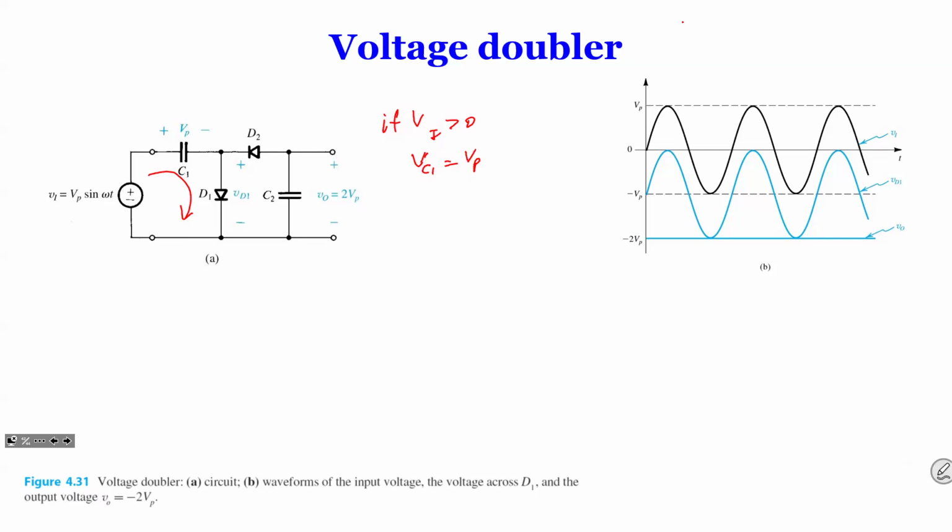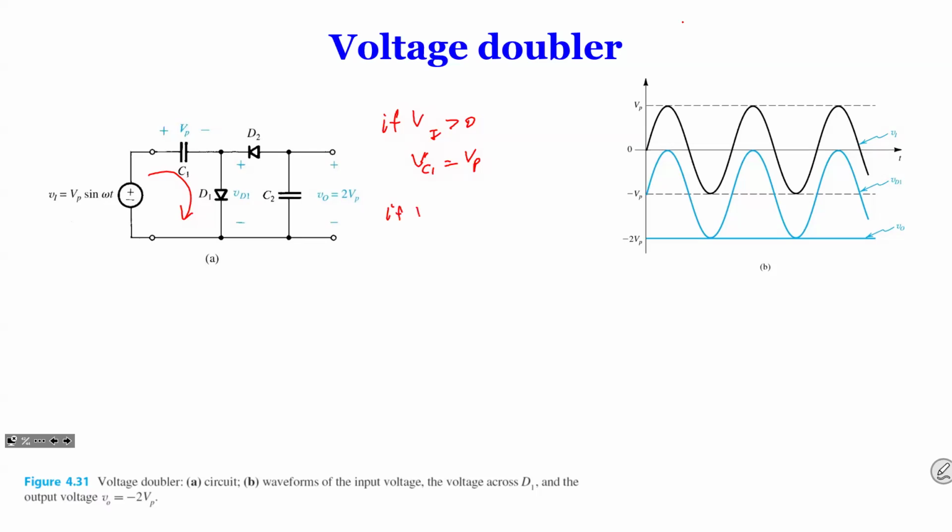You see, if Vi is positive, you have current flowing because D1 is conducting. When D1 is conducting, you charge capacitor C1 to Vp. So Vc1 is equal to Vp.